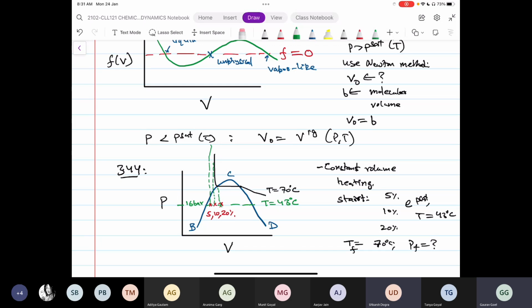Can anyone point out what has happened? Look at the slope of the black line in different regions, and then tell me what is the problem if you heat a liquid in a closed vessel.